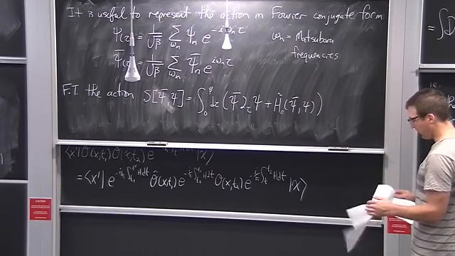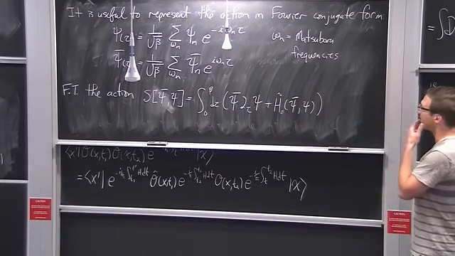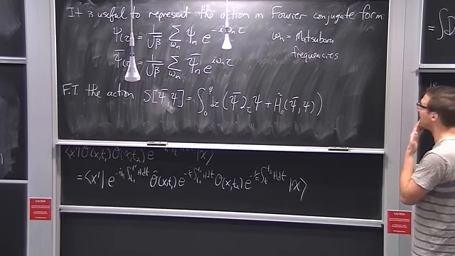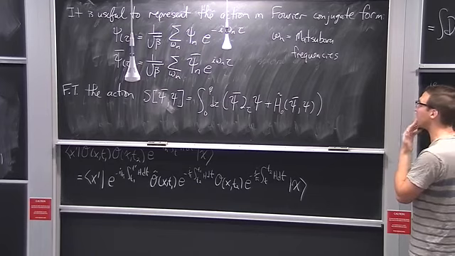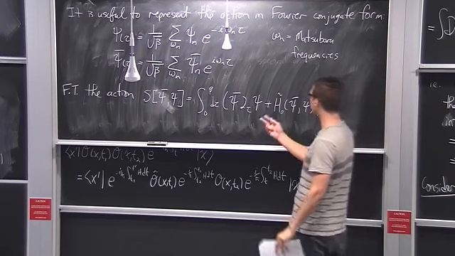So the way you do this, which is standard, and you'll do it like 100 times if you do this for a living, is you just substitute in the Fourier representation for the fields.